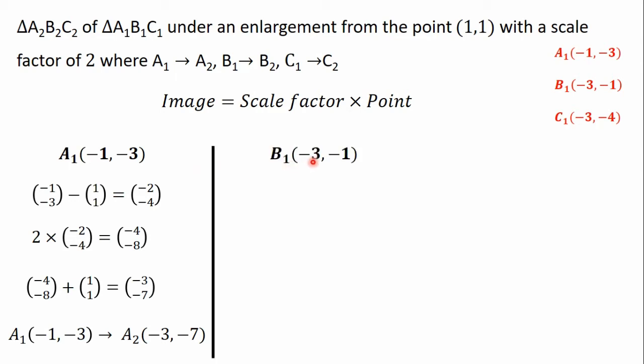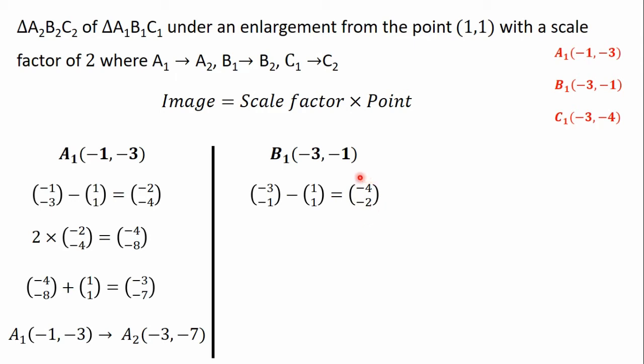So point B1 has the coordinates -3, -1. The first step is that we will subtract 1, 1 from -3, -1. So we have -3, -1 minus 1, 1. -3 minus 1 gives us -4, -1 minus 1 gives us -2. So after subtracting 1, 1 from -3, -1, we are having -4, -2.